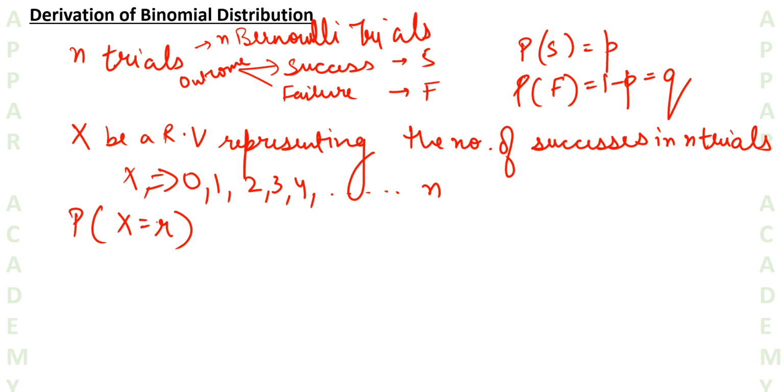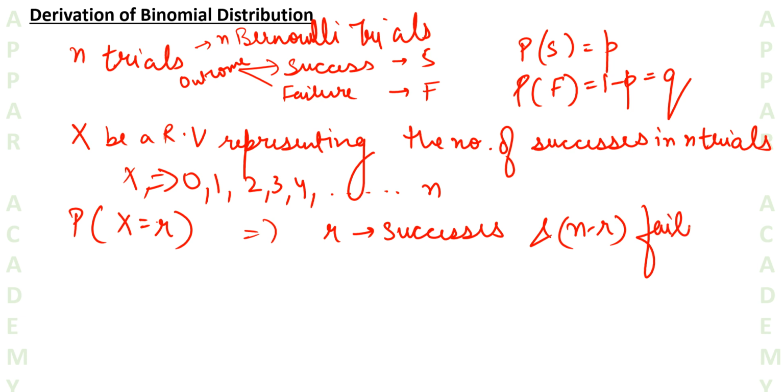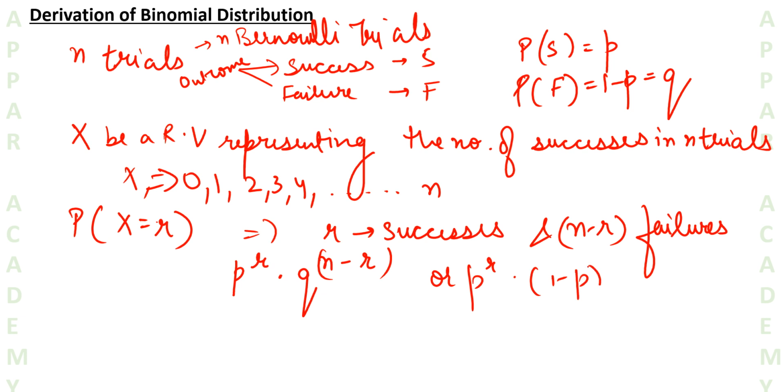To find it, note that in a sequence of n independent trials, we have two possible outcomes, a success and a failure, and any sequence that consists of r successes and n minus r failures will always have probability equal to p to the power r into q to the power n minus r. Why? Or p to the power r into 1 minus p to the power n minus r.